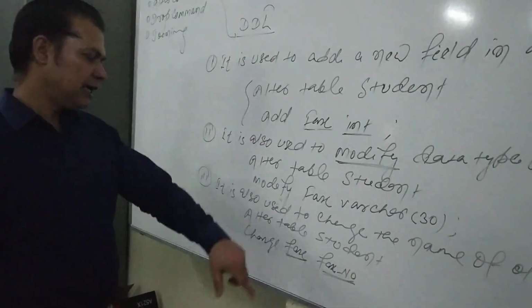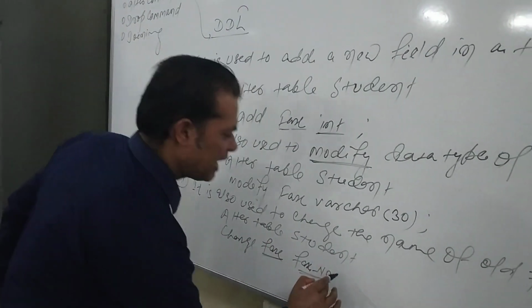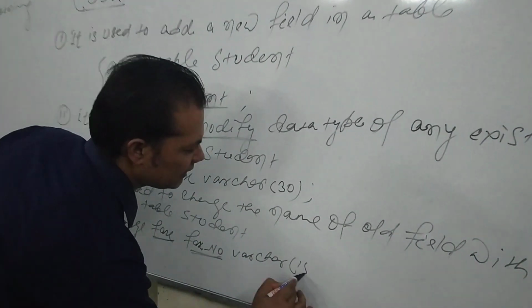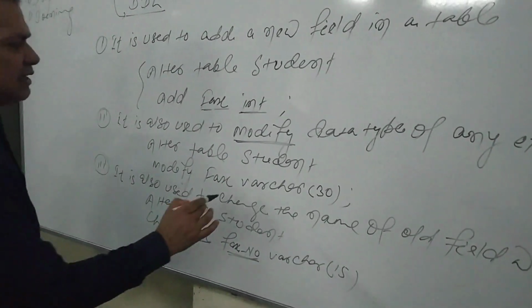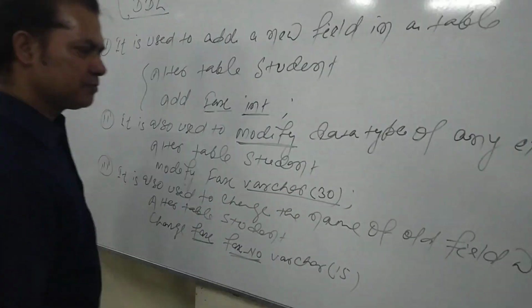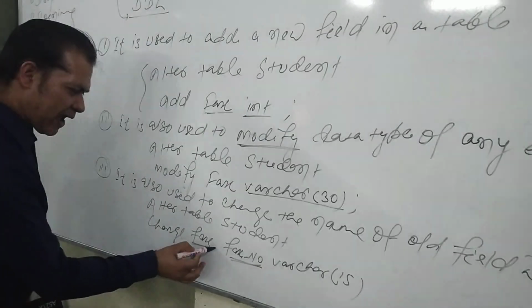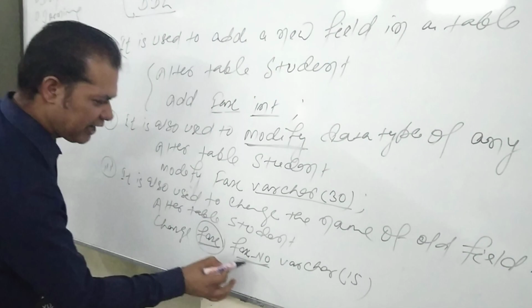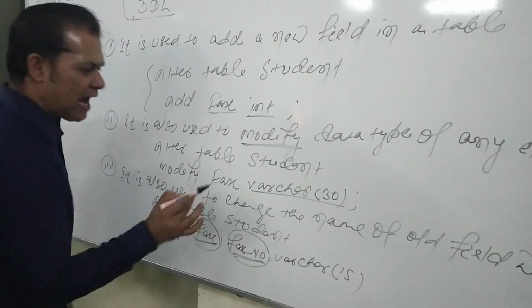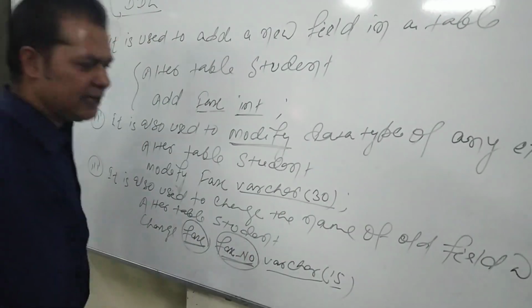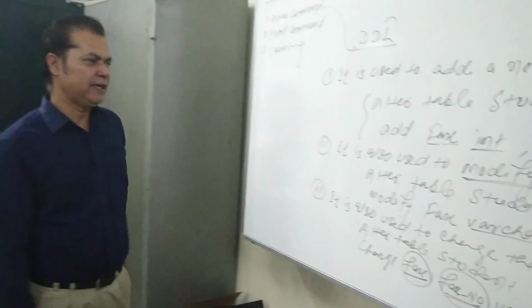So facts as facts number, and then data type varchar 15. As you can see, earlier I mentioned the size of the same facts. Now in this case, the facts field name will change to facts number, and the varchar data type is the same but the size will change. Earlier it was 30, now it will be 50.